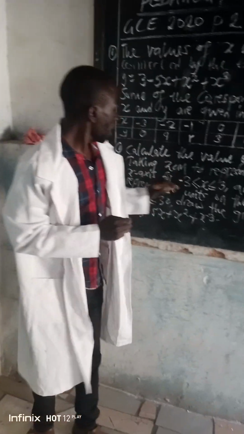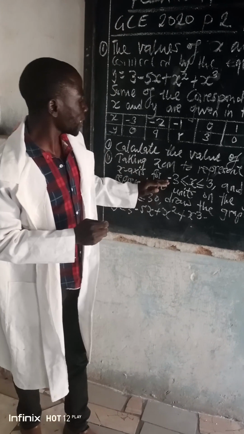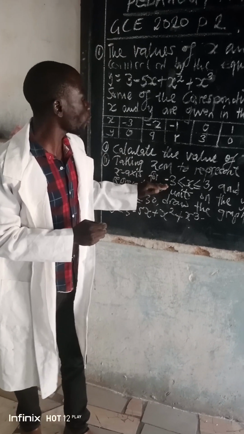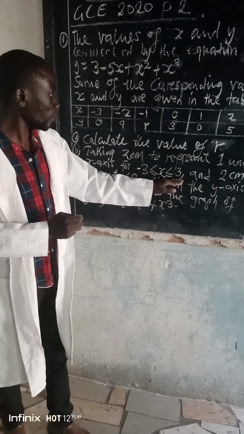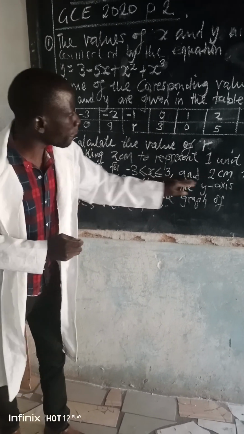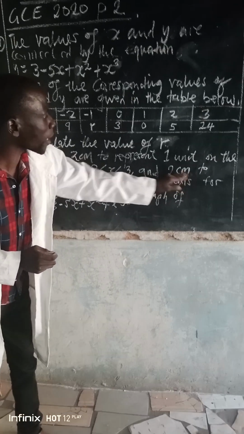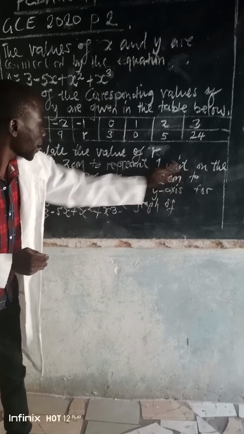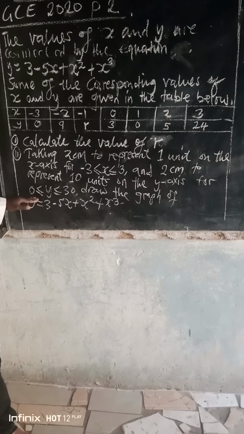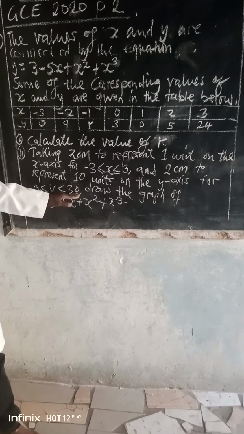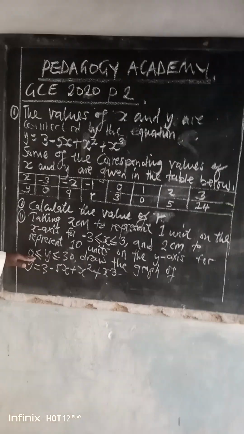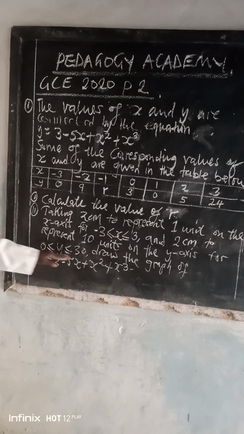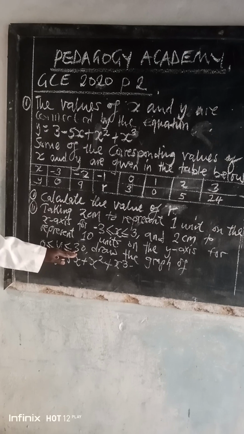So here on the x-axis, the numbers should start from -3 to +3. That will have 2 centimeters to carry 1 unit. And then on the y-axis we are going to have from 0 up to 30, positive. We don't have a negative one.